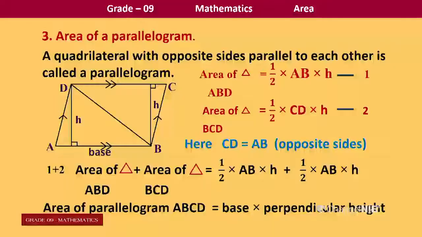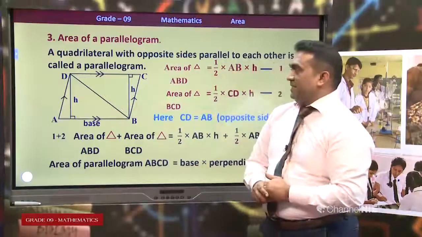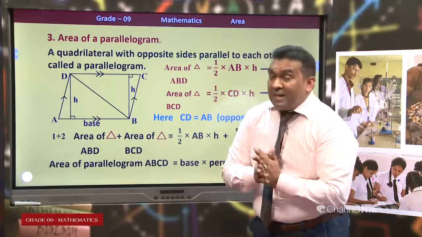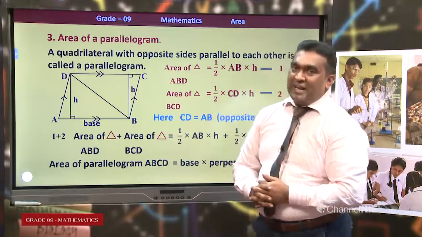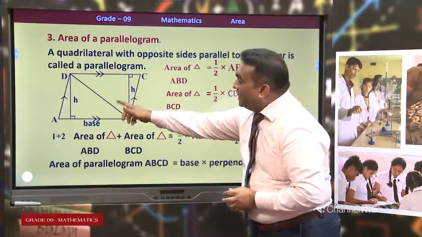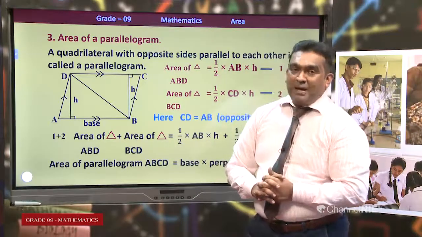We consider this parallelogram as 2 triangles, divided by the diagonal. After taking the sum of areas of these 2 triangles, we can find the area of the parallelogram.